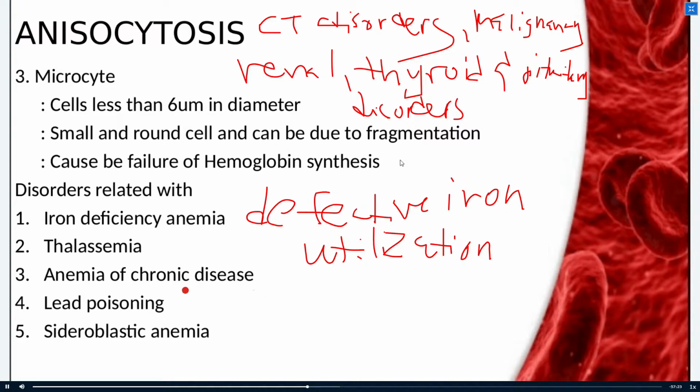Again, anemia of chronic disease includes connective tissue disorders, malignancies, renal, thyroid, and pituitary disorders. These disorders will then cause defective utilization of iron. Hindi maayos magamit ng body yung iron ng maayos.